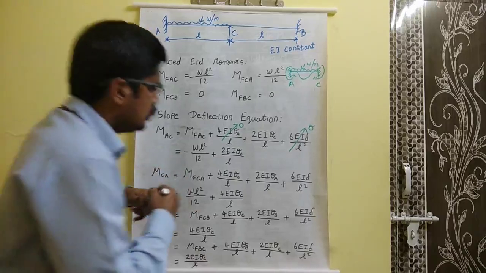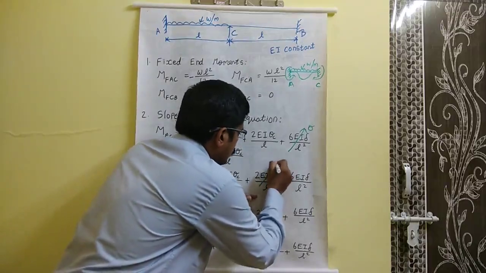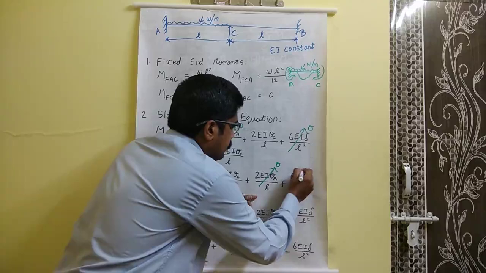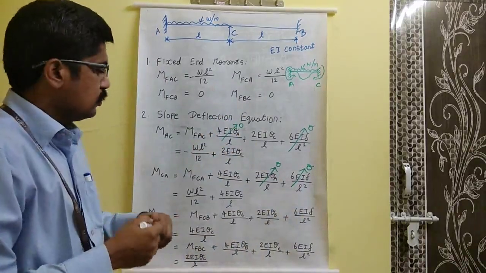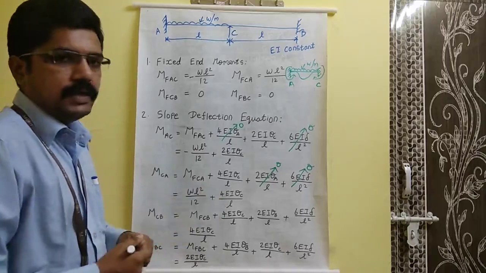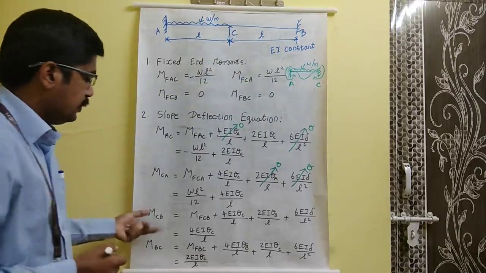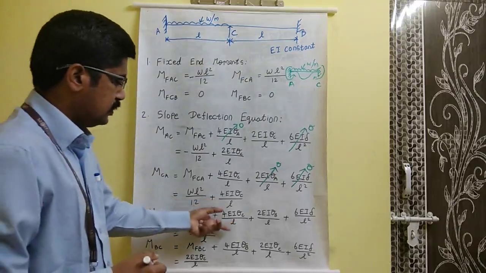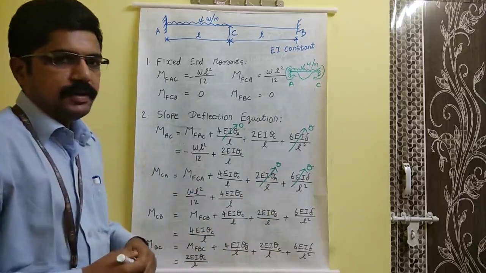Here also you see the 2EI theta A term, because A is a fixed support, it will become 0, and the beam does not have any sinking, so the sinking term will also be 0. So we will get WL square by 12 plus 4EI theta C by L. Next we go for the member CB, that is MCB equals M of CB plus 4EI theta C by L plus 2EI theta B by L plus 6EI delta divided by L square.